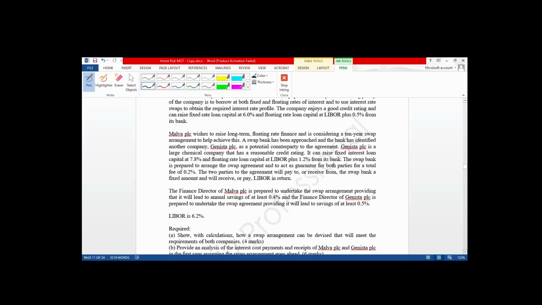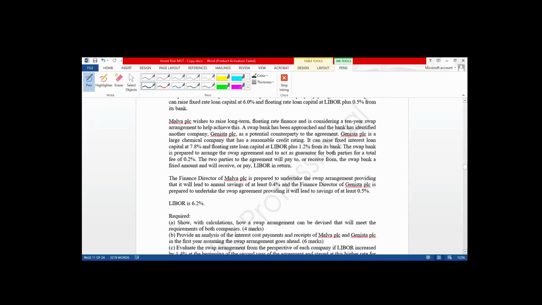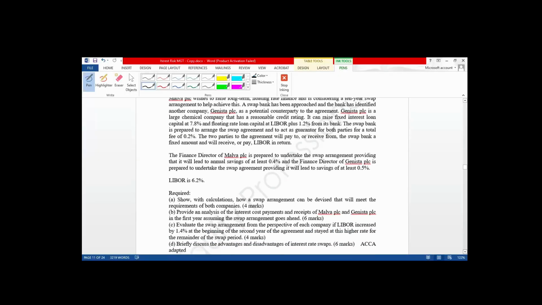The two parties to the agreement will pay to and receive from the swap bank a fixed amount and receive or pay LIBOR in return. The finance director of Madva is prepared to undertake the swap arrangement, provided it will lead to annual savings of at least 0.4%.